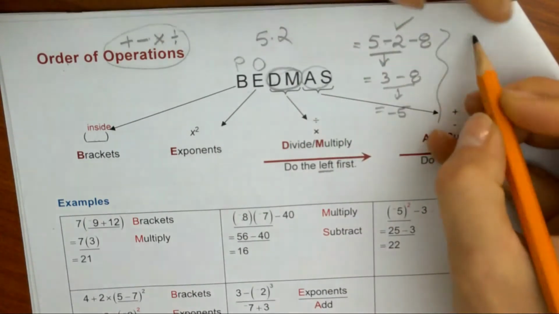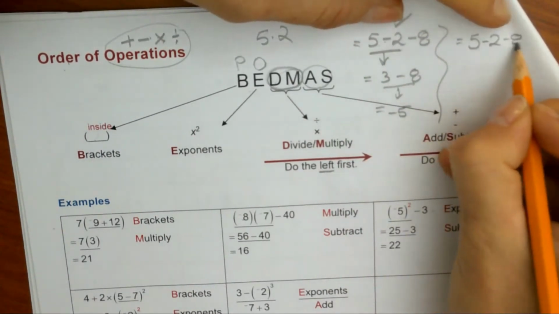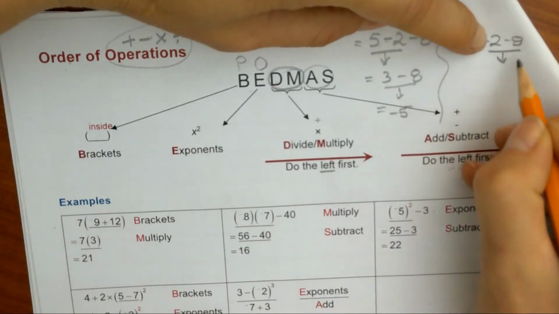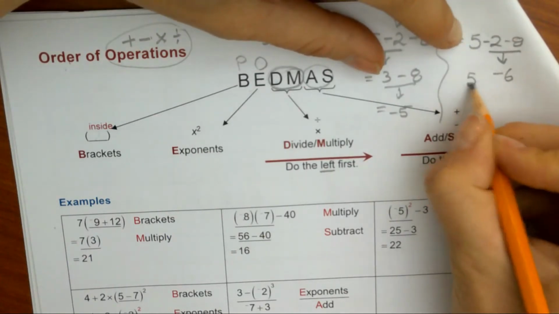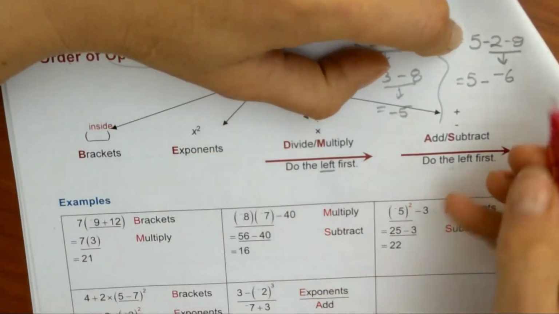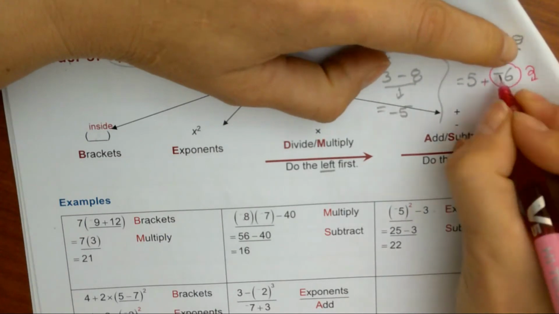But if I do it wrong, in the wrong order, say I do this one first. What's 2 subtract 8? Minus 6. That's 5 subtract minus 6. And when we have a subtract, we change that to add, and this one goes to the opposite, so it's plus.